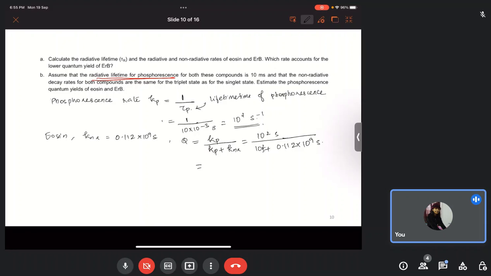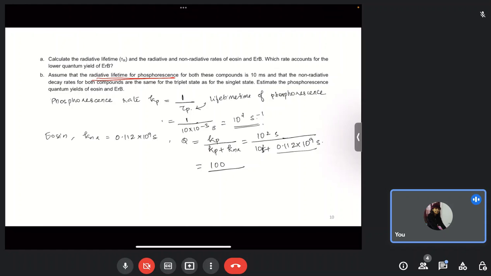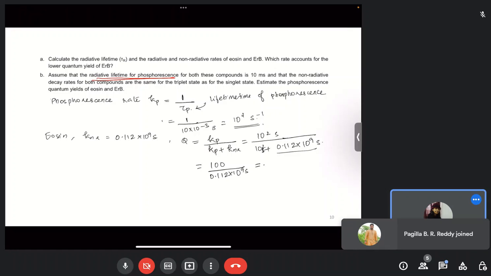So this is going to be 100 divided by, since 10 square is very much lesser than this value, we can just take 0.112 into 10 to the power 9 seconds.